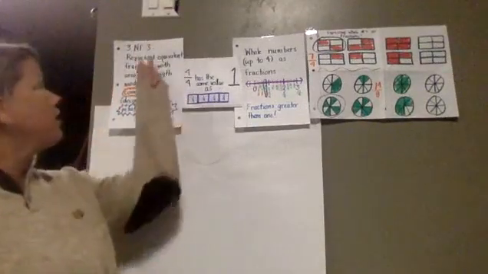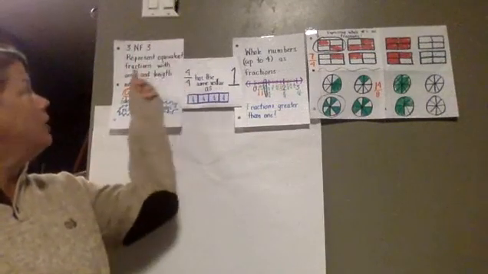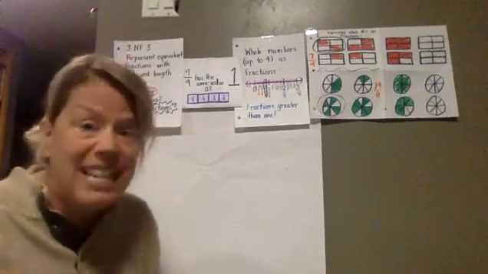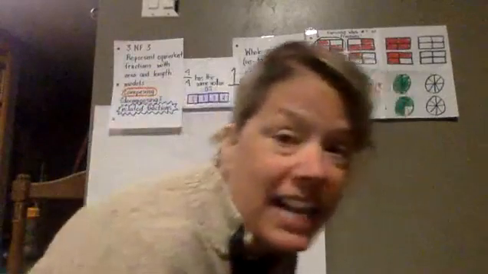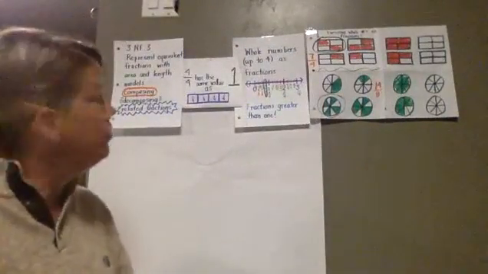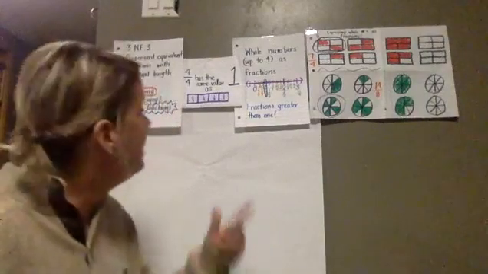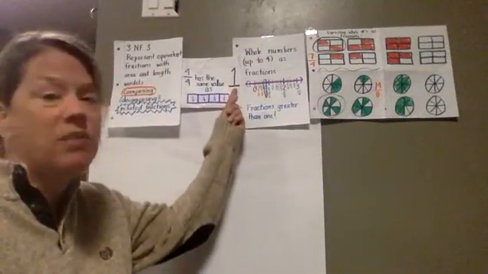Okay, so we are still working with representing equivalent fractions with area and length models. We are composing, we're decomposing, and we're looking at related fractions. And you guys also need to know that if the numerator and denominator are the same, then that means they have the same value as 1.